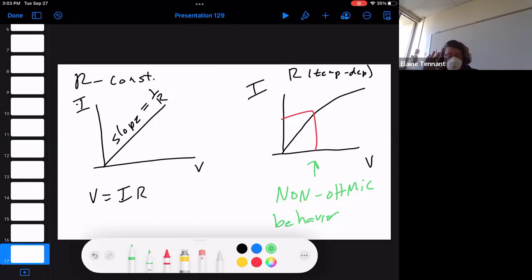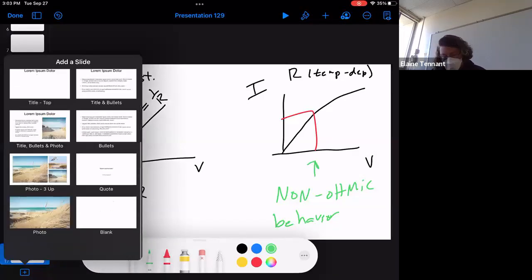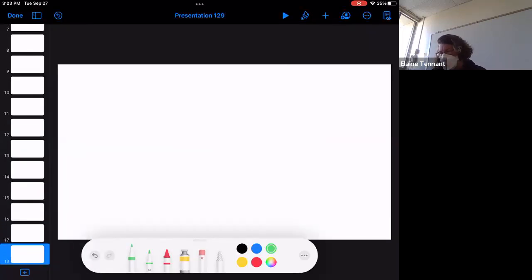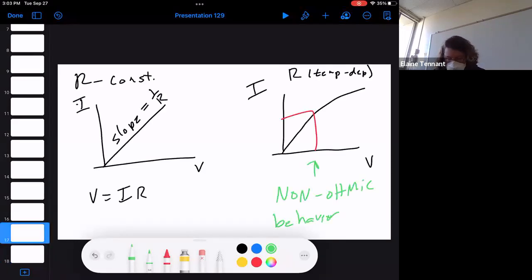So straight IV curves means ohmic behavior; actual curves, when you're looking at an IV characterization, are going to bend one way or another. Okay, everyone looks pretty happy with that. Okay, I do want to. Let's go ahead and do this.